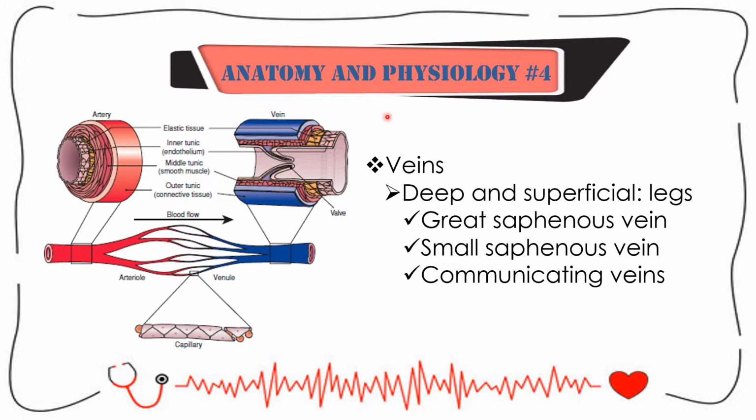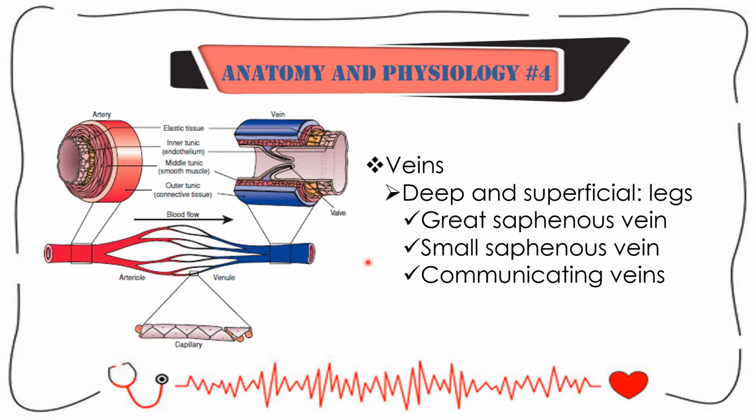So the veins from the arms, upper trunk, and head and neck drain into the superior vena cava, which empties into the right atrium. And the veins from the legs and the lower trunk drain upward into the inferior vena cava.